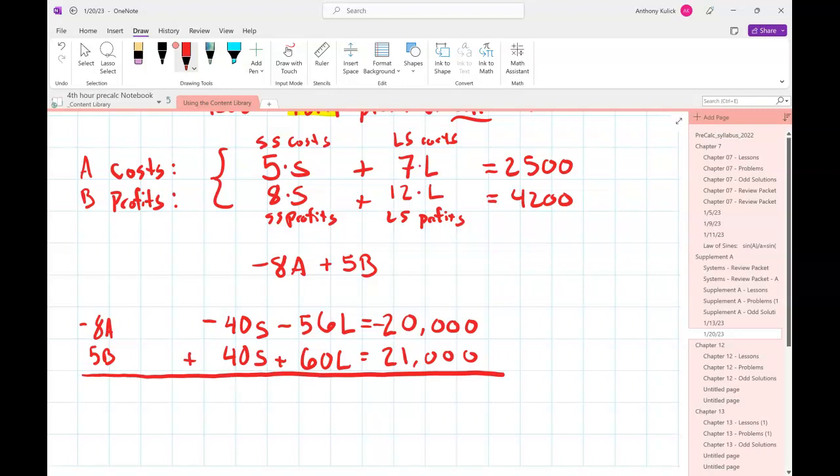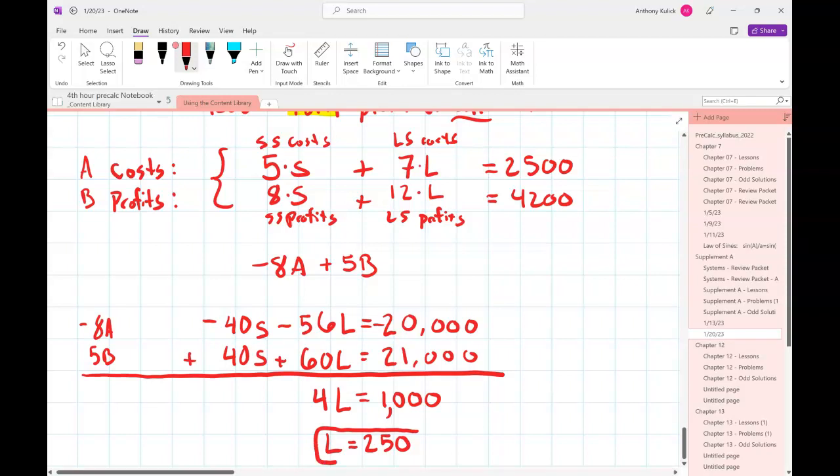So when I add down, what do I get? And I'm left with 4L equals 1,000. If I divide both sides by 4, I get 250.